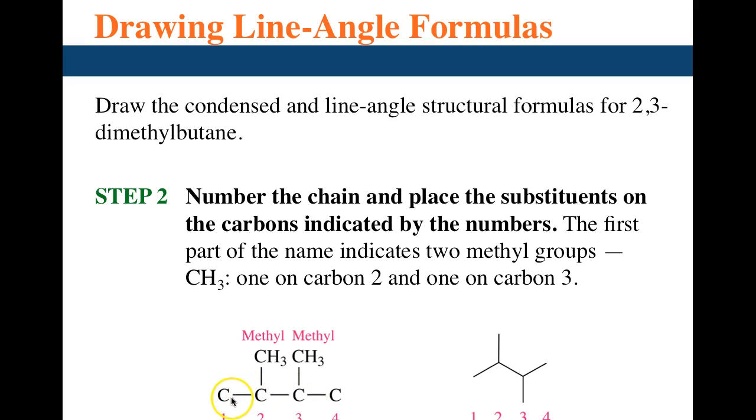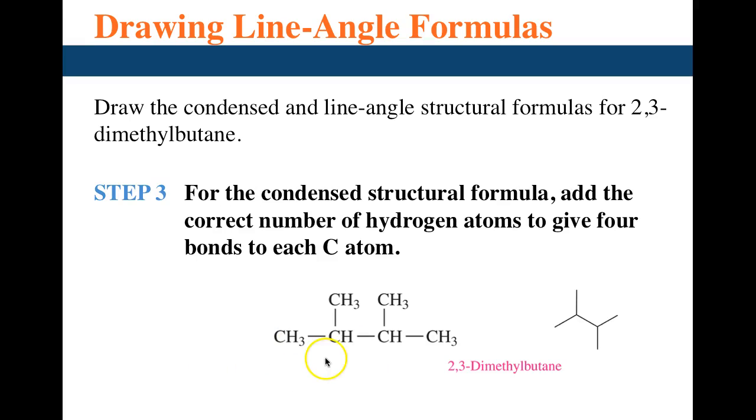So this is going to be CH3, CH with the branch CH3, CH with the branch CH3, and then CH3. And then, of course, you can go about doing the line structural formula as well. Okay. So this would be 2,3-dimethyl butane.